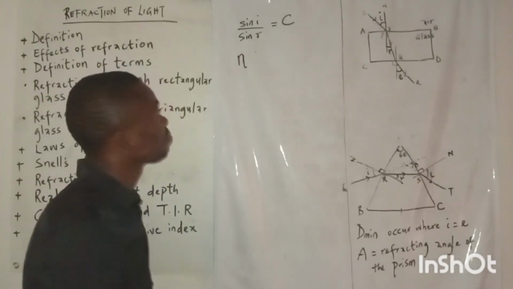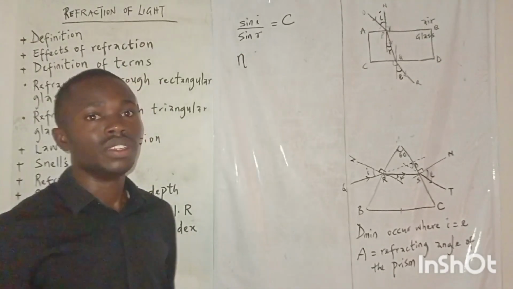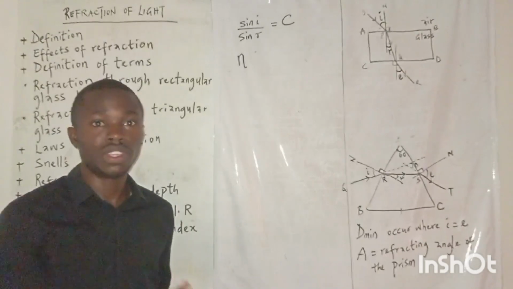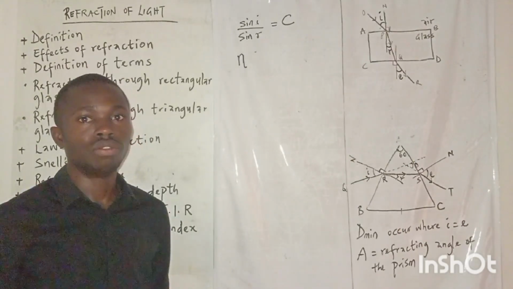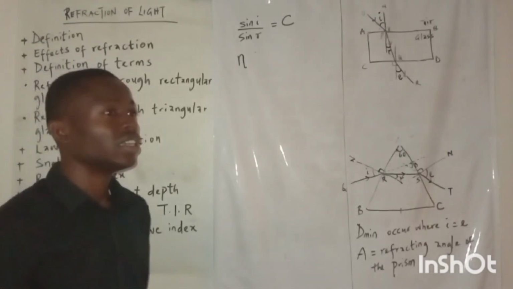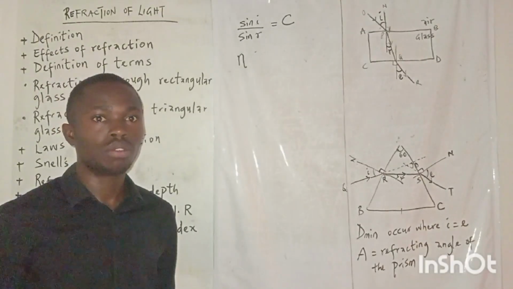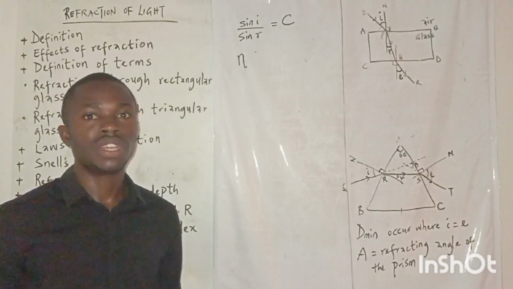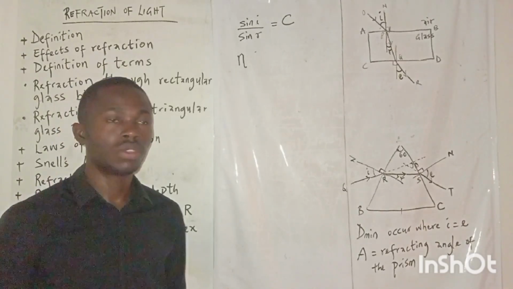Refractive index is the ratio of the sine of the angle of incidence to the sine of the angle of refraction. There are several formulas for refractive index, and I'm going to show them to you so you know how to calculate the refractive index in different situations and circumstances.